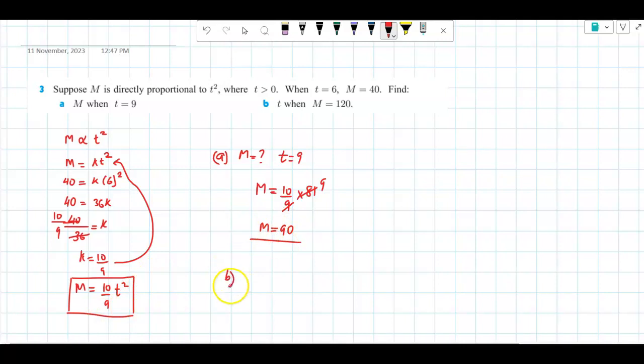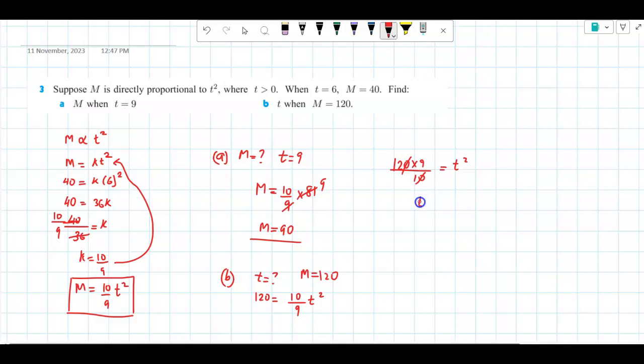Part B. You are supposed to find out T. M is equal to 120. So what will you do? Put M as 120. 120 is equal to 10 over 9 T square. Then cross multiply. 9 multiplied by 120 over 10 is equal to T square. Cancel.